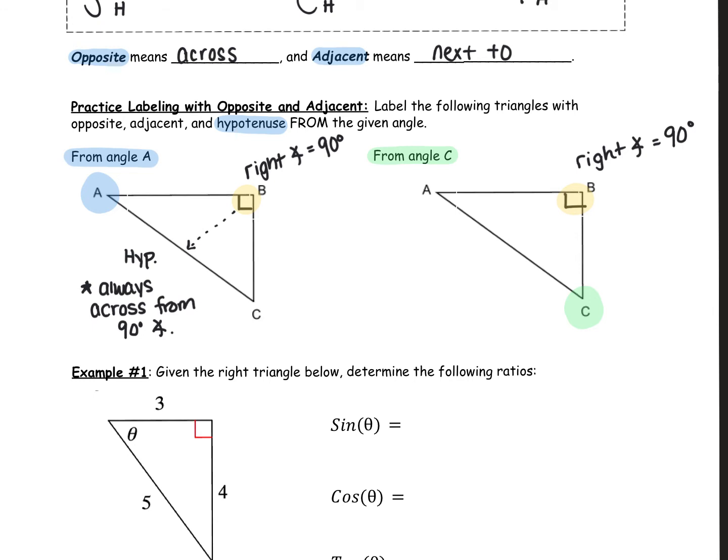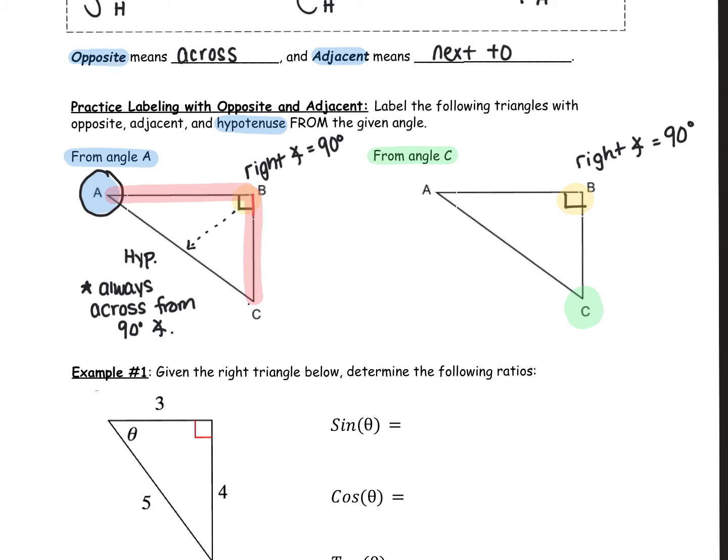If we were to label now the rest, we need to label opposite. Opposite is across. Across what? From the given angle. Since A is the given angle, there are two sides left to choose from. We have side BC, so I'll even use a highlighter to see it better, or we have side AB.